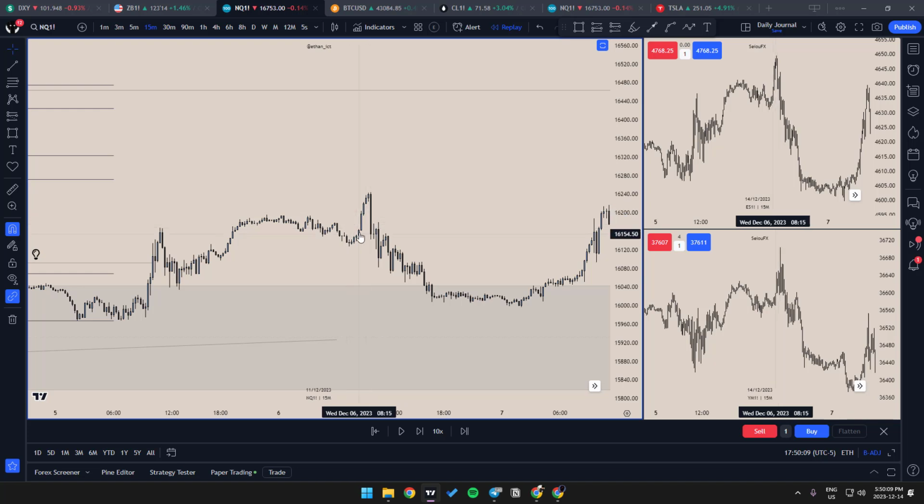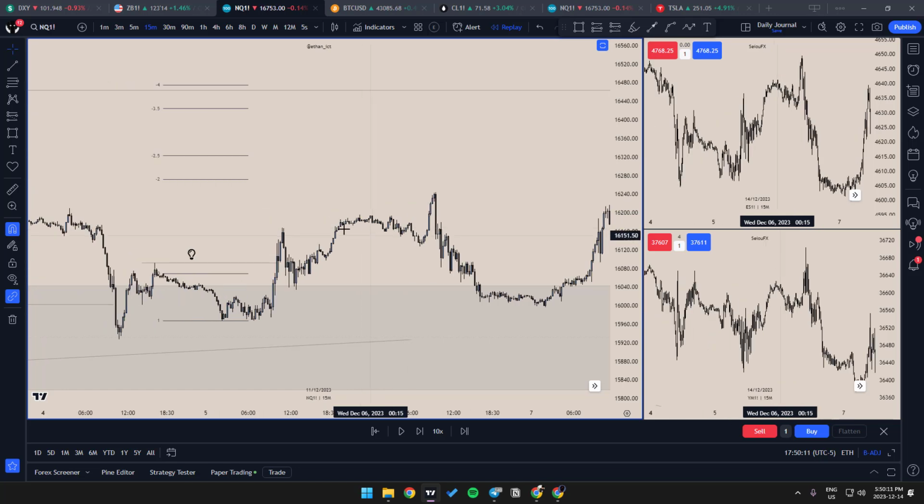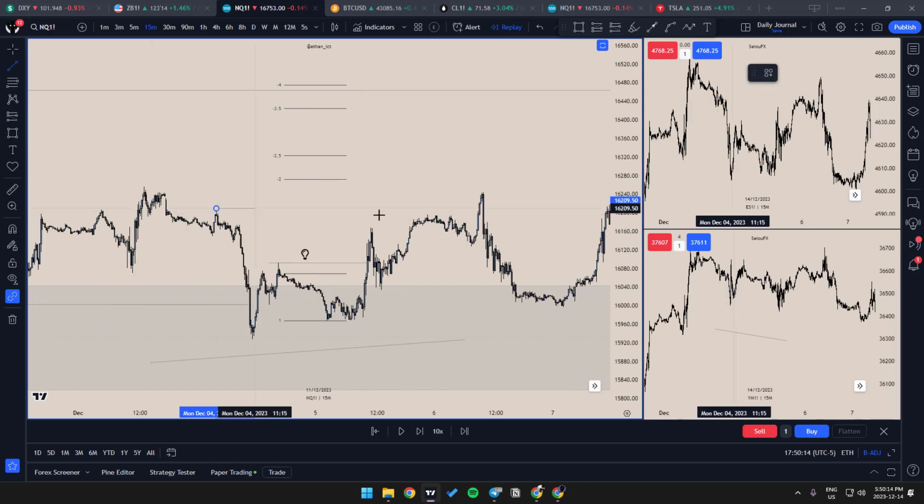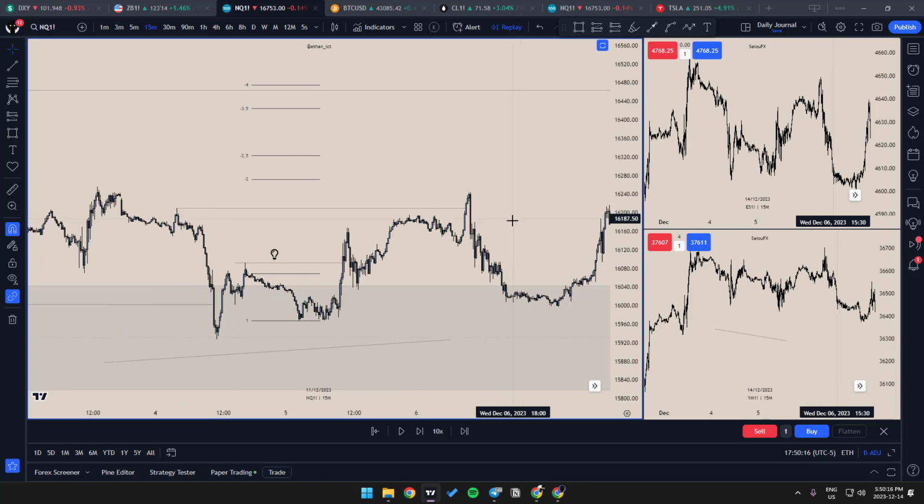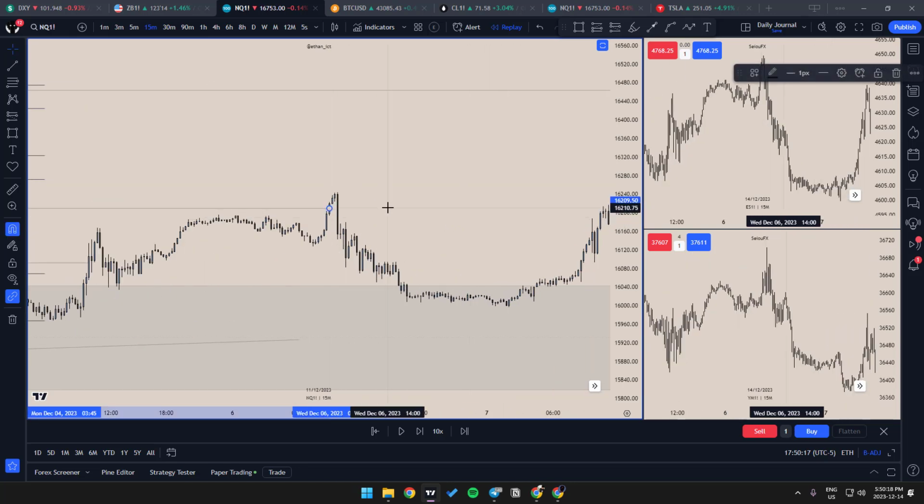So on Wednesday, entering this day, we hit that first internal high. This is my target, right? So once we hit a higher time frame target, a higher time frame level equals a lower time frame what? A lower time frame market maker model.